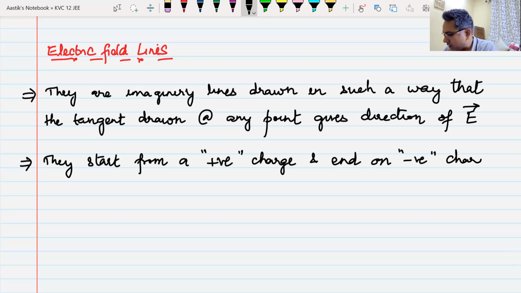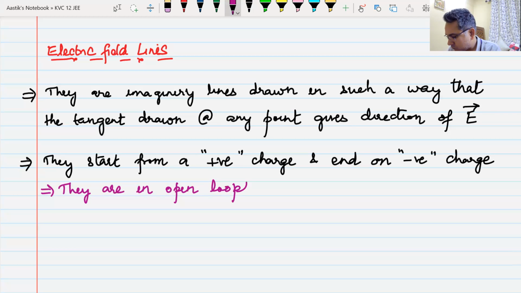They start from a positive charge and they end on a negative charge. The other way of saying this is they are always in open loops. This is the other way of saying the same thing.